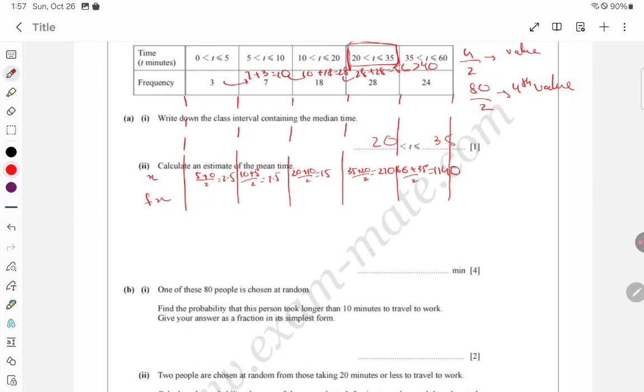Now multiply this with the frequency. 2.5 into 3 is 7.5. 7.5 into 7 is 52.5.